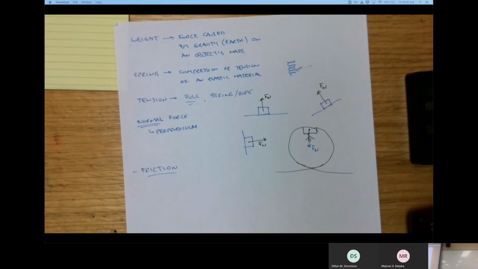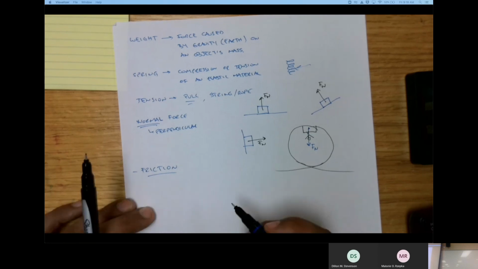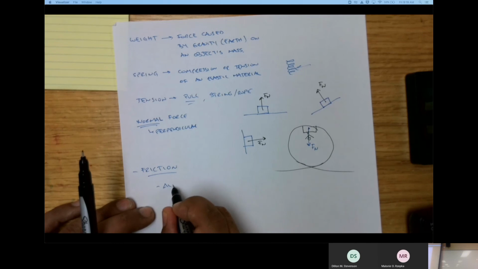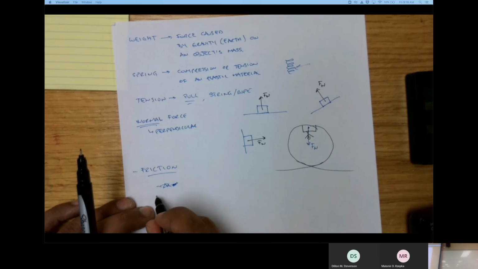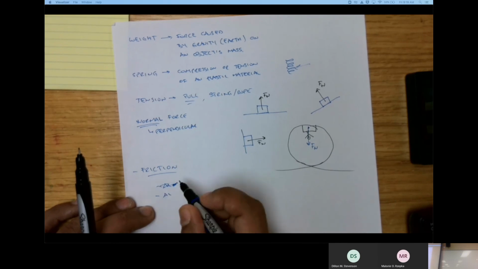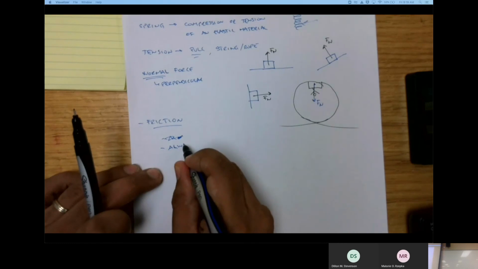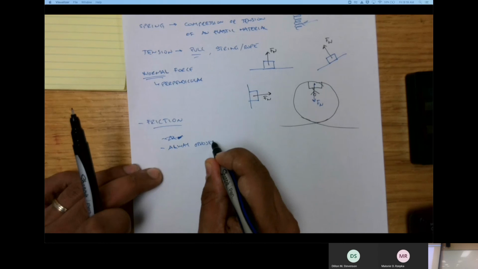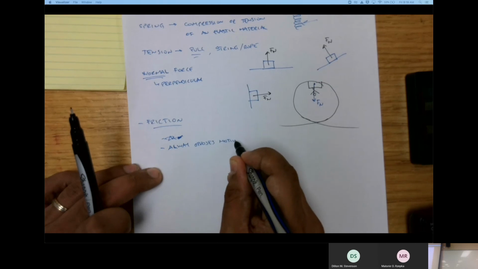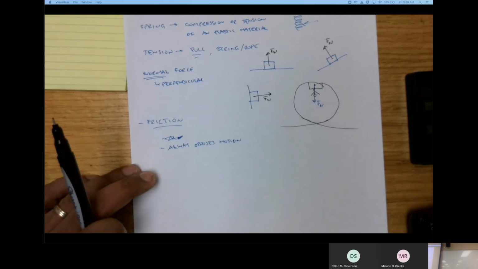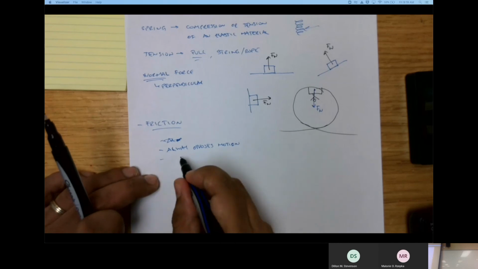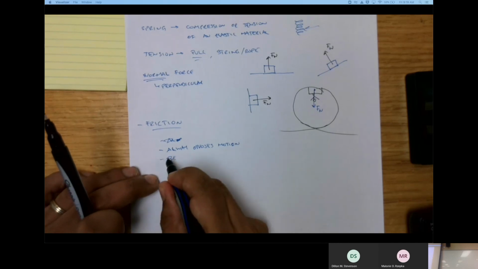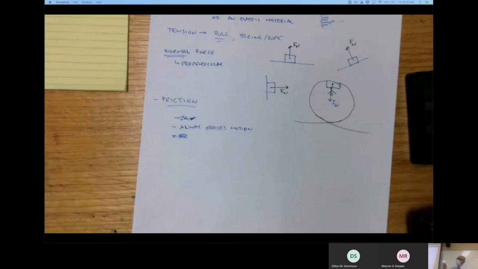So friction always opposes motion, and it happens between two objects. There are two kinds of friction, but we're going to talk about those in more detail.